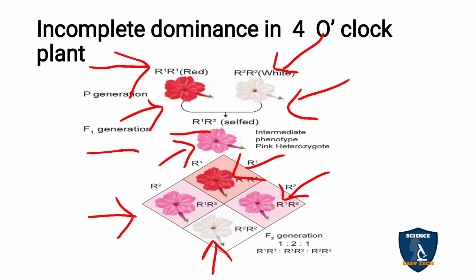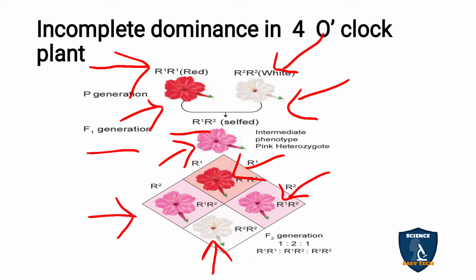So you are getting only 50%. The other 50% you are getting from R2, that is the white color flower. Because of that, it cannot express the complete character, that is the red color. So 50% of R1 and 50% of R2 gives rise to the pink color.